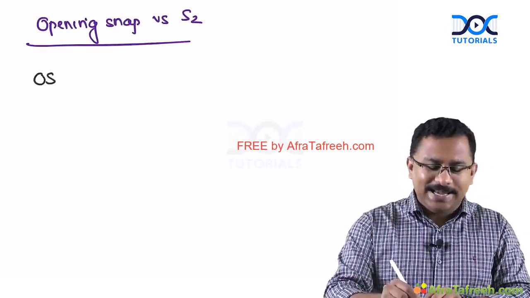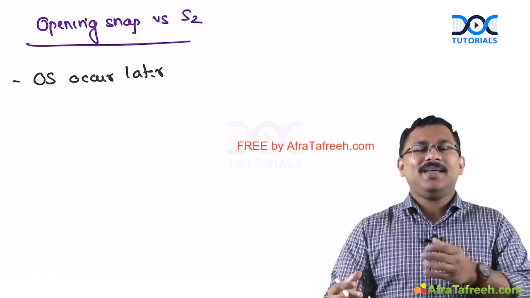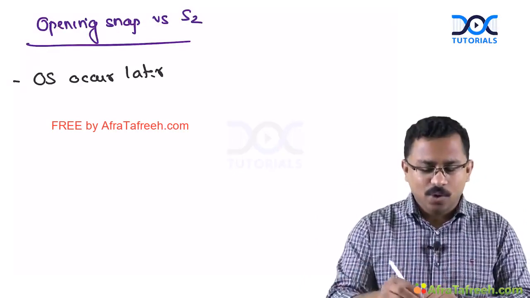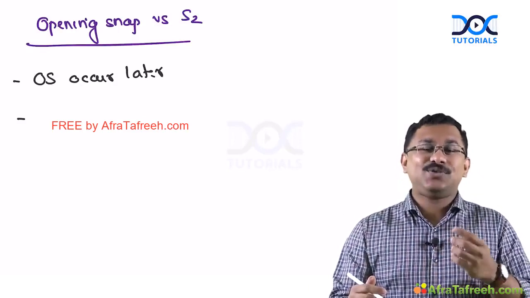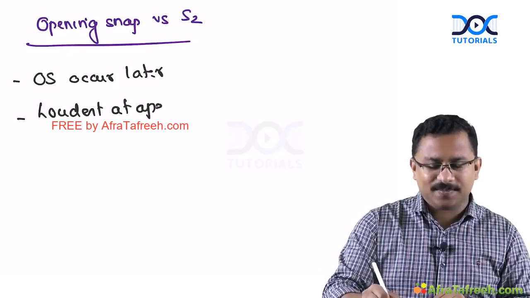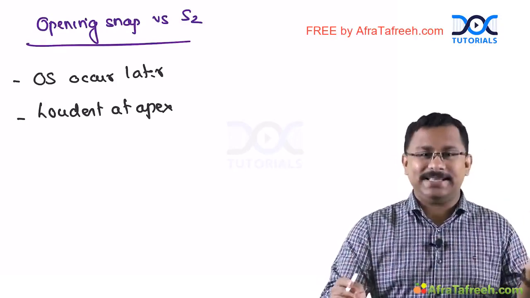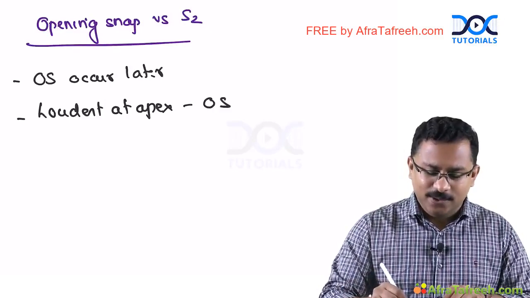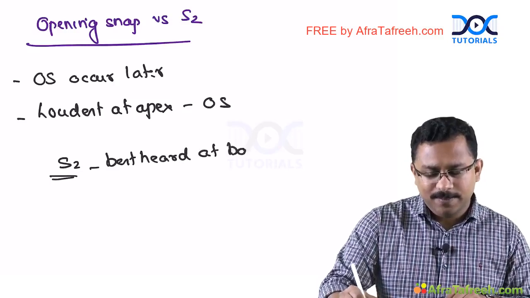Well, compared to S2, the opening snap actually occurs later, unless there is a right bundle branch block present. The opening snap is loudest at the apex, whereas S2 is best heard at the cardiac base, at the base of the heart.